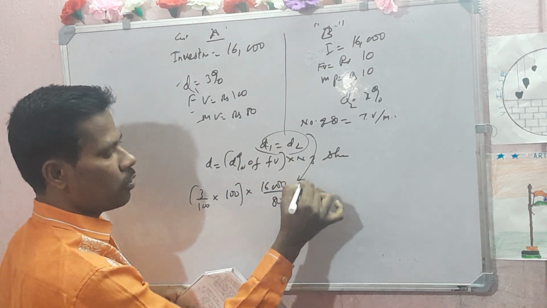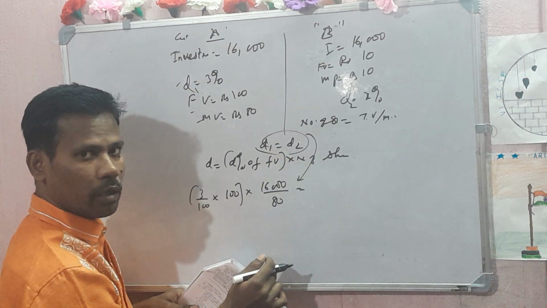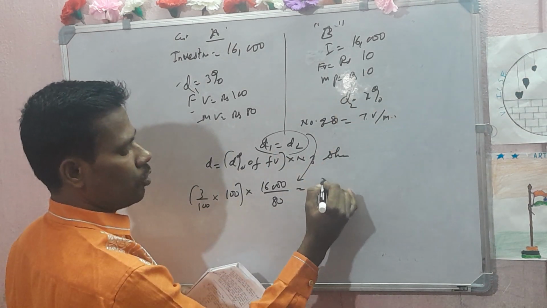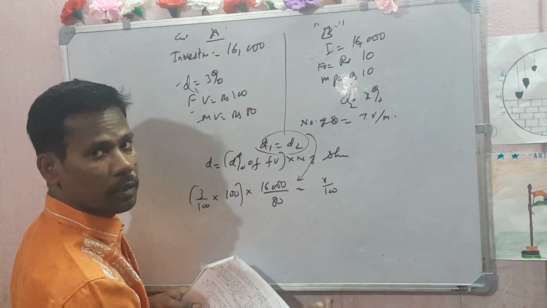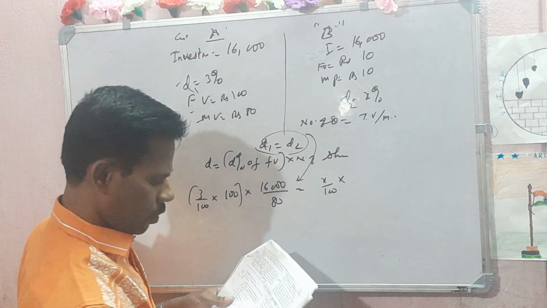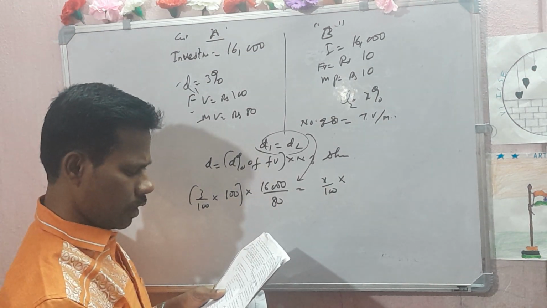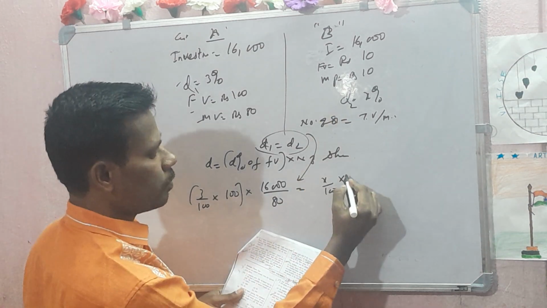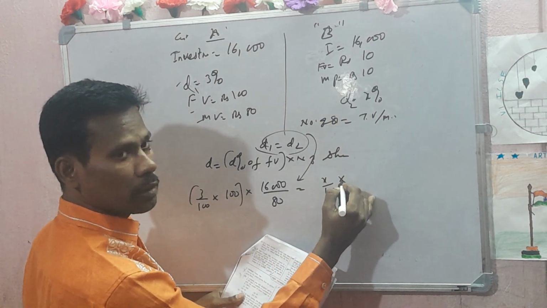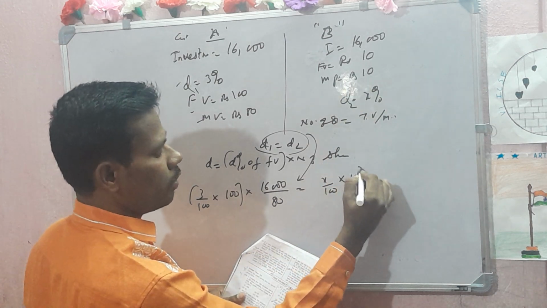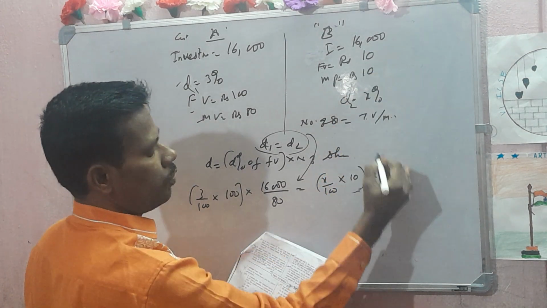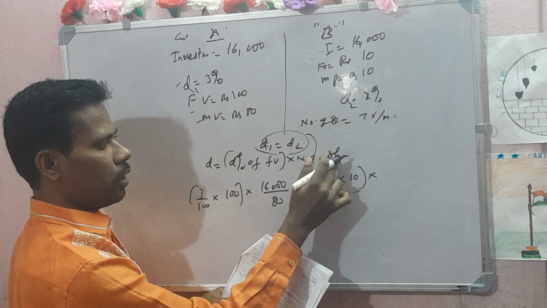D1 is equal to D2. Here they clearly gave that both dividends are the same. So now, find the rate percentage of the dividend received by B. Write X percent: X by 100 into face value is 10, into number of shares.